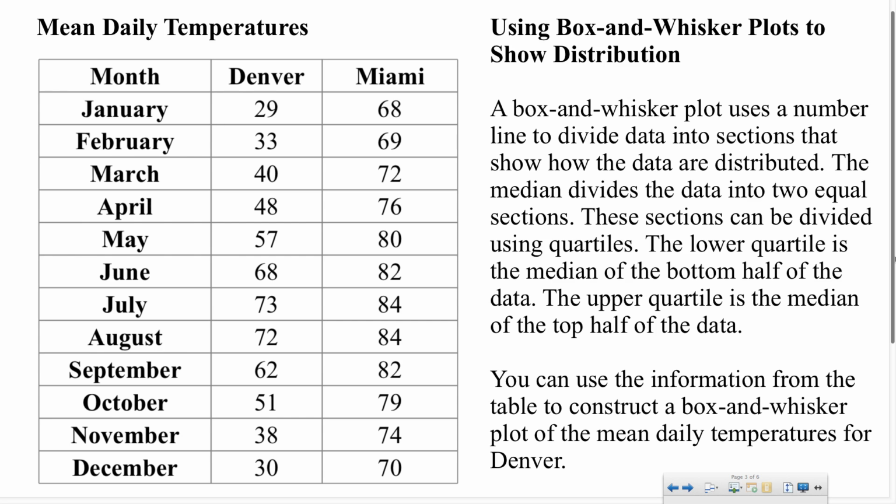The median divides the data into two equal sections. These sections can be divided using quartiles. The lower quartile is the median of the bottom half of the data. The upper quartile is the median of the top half of the data. You can use the information from the table to construct a box-and-whisker plot of the mean daily temperatures from Denver.